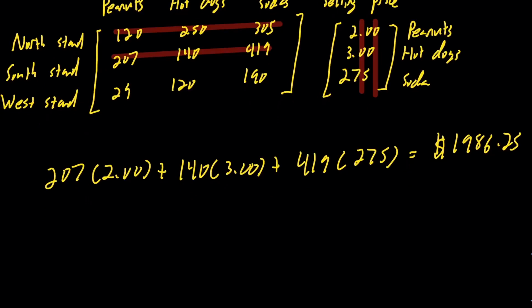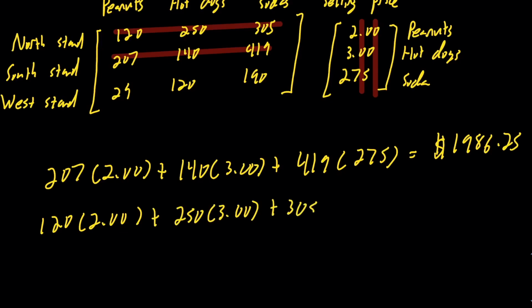So that's 120 times 2 plus 250 times 3 plus 305 times $2.75. I should have elaborated on that one, or at least fixed it. But anyhow, that sum ends up becoming $1,828.75.